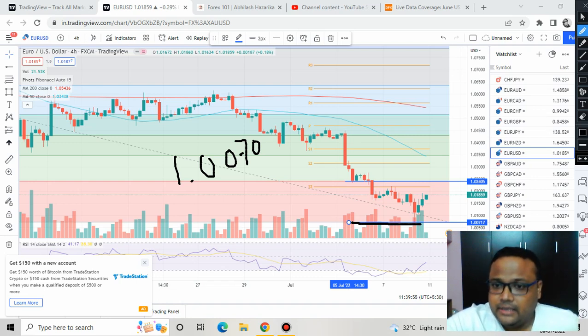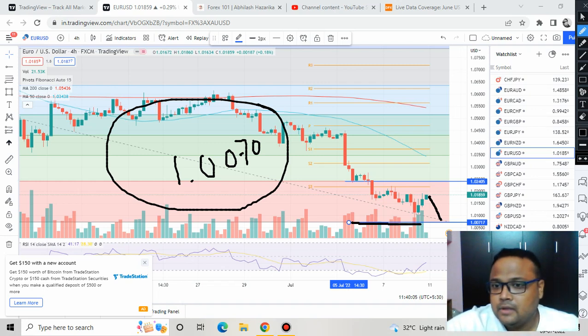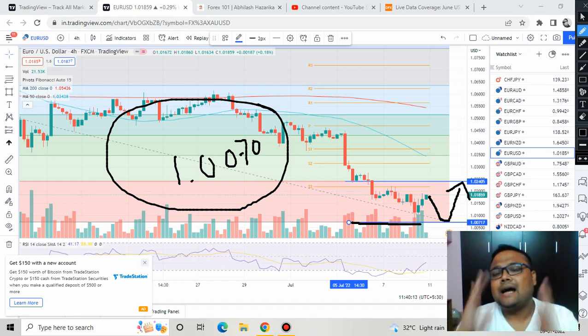So in case the market tests the level 1.0070 again, watch the market, observe the market, and see if the market reverses or bounces. You will get a double bottom pattern, or in simple words, buyers are present at this level, and you can take a buy position as well.